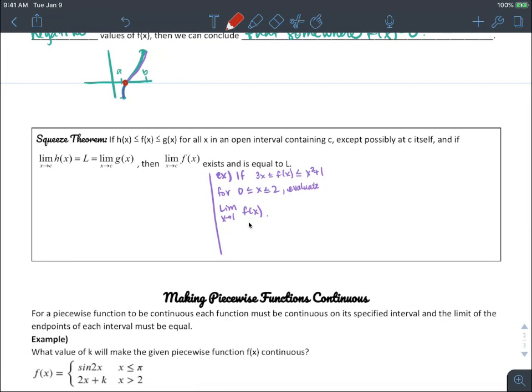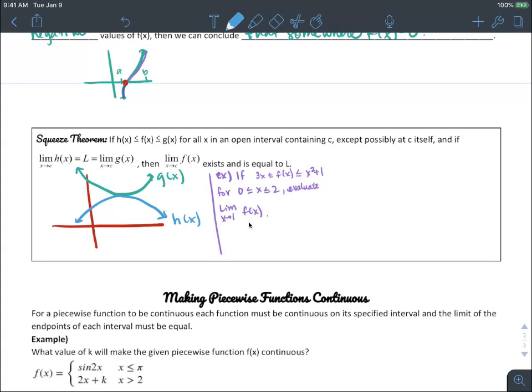Okay, so if I have a function that is kind of big, something like this, g of x, and then we have another function like this that's small, less than g of x.